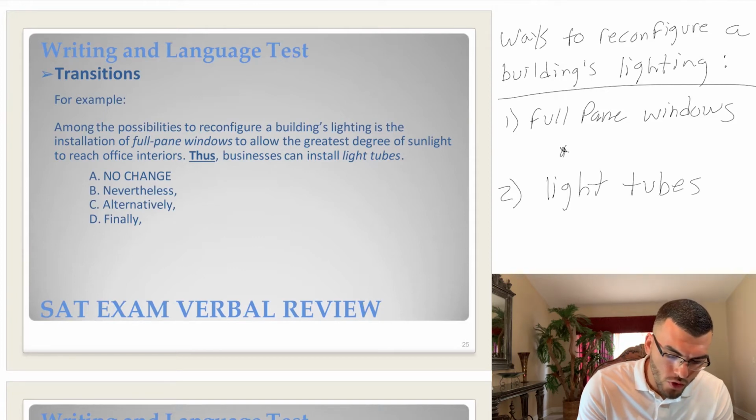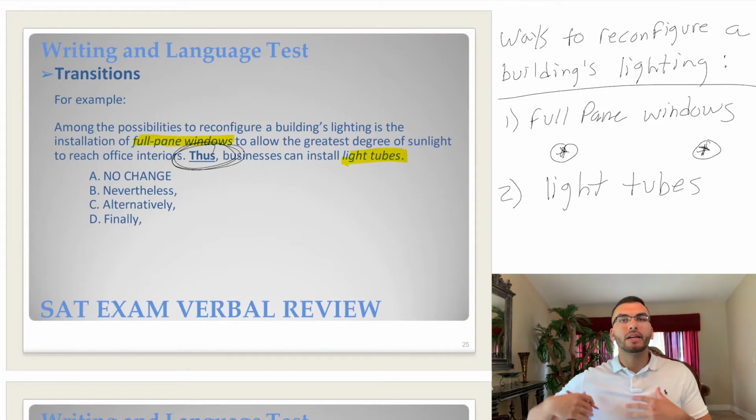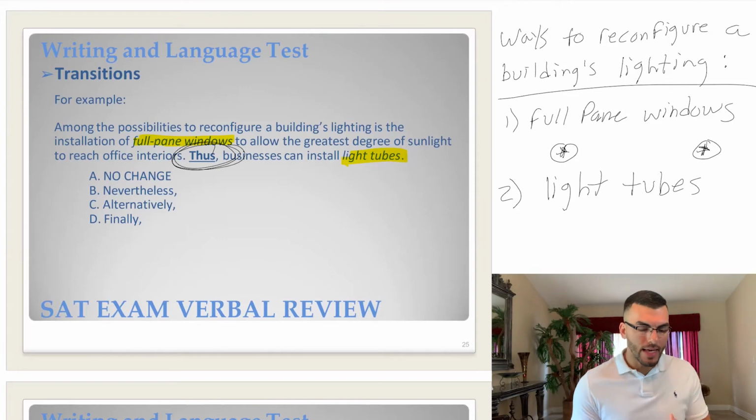So which word do you think best fits in between full pane windows and light tubes? What's the best word that can go right in between there to introduce the idea from full pane windows to light tubes?